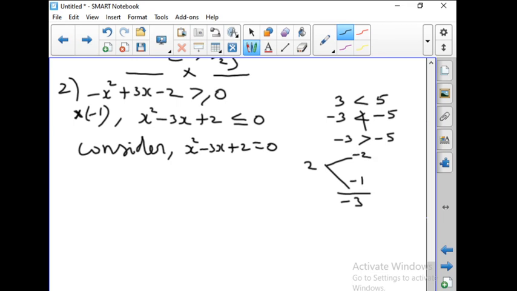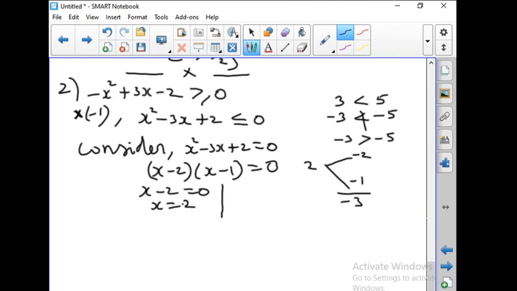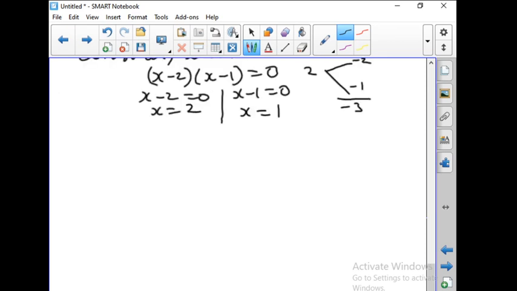When you add, we get −3. When you multiply both, we get 2. Therefore, we write it as (x − 2)(x − 1) = 0. So x − 2 = 0 gives x = 2, and x − 1 = 0 gives x = 1.